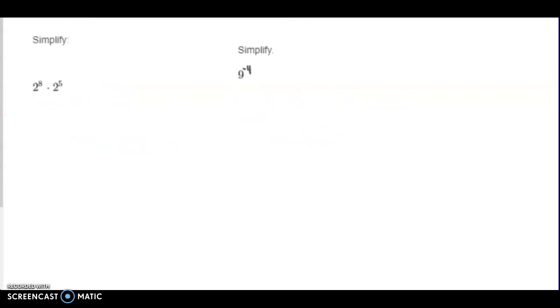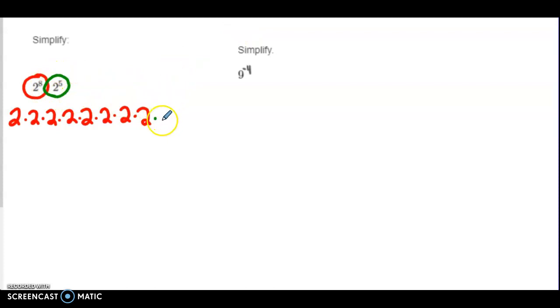Okay, so we got some more simplifying here. Now, I'm going to show you how you can write it out, and then I'll also show you how you can type it in the calculator. In this first part, we have 2 to the 8th power, so we could write it out as 8 2s. 1, 2, 3, 4, 5, 6, 7, 8, times, and then in the second part, we have 2 to the 5th power, so we could write it out 5 times. 1, 2, 3, 4, 5.